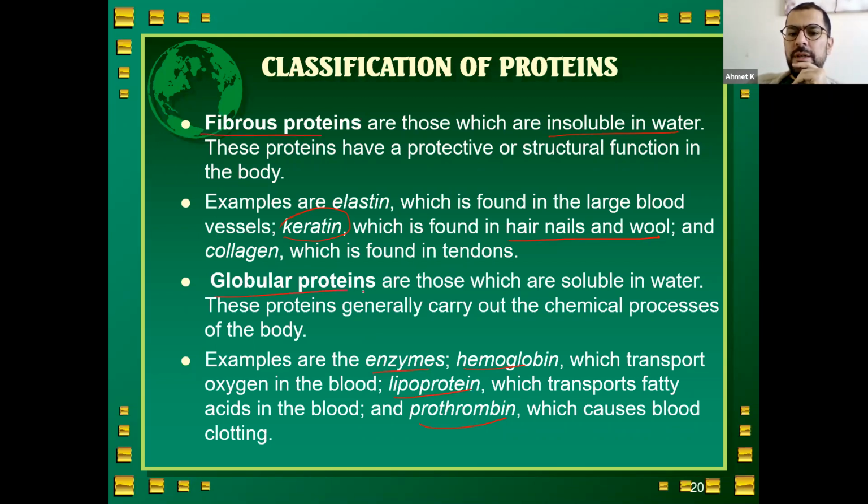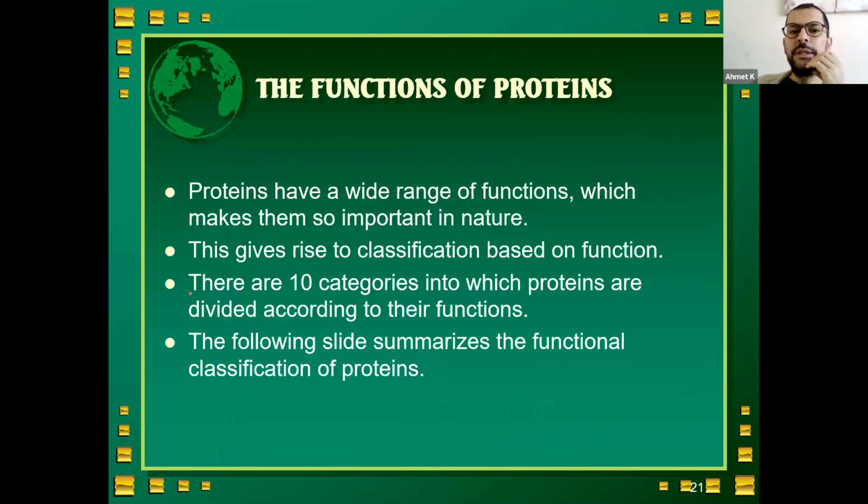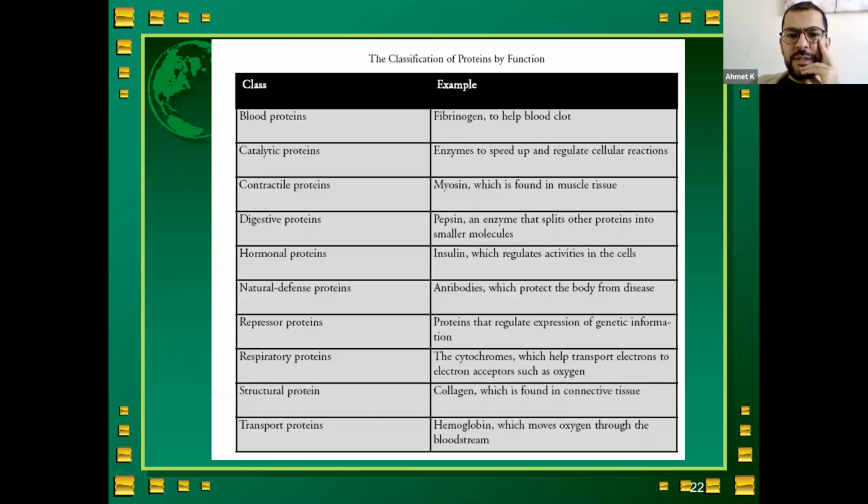Globular proteins are soluble. These are the two types of proteins in our body. I don't have to talk about the functions, as you can see in every single one of the systems, from blood to digestive, from respiratory to anywhere. There are proteins everywhere, basically.